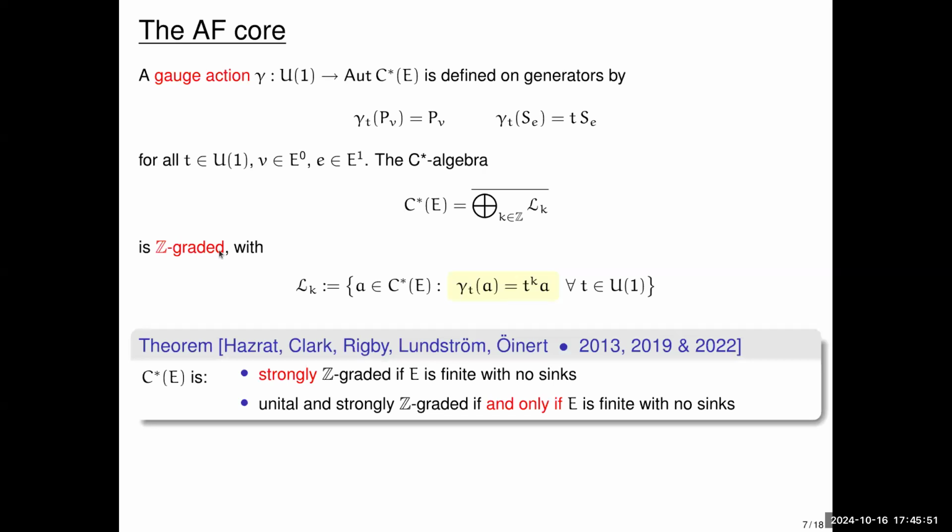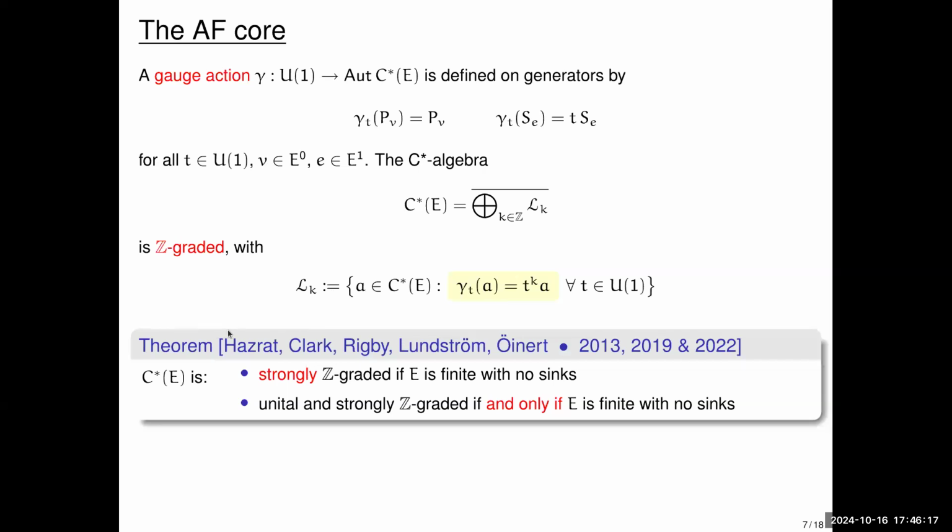Okay, there is a notion of a strong Z-grading for a graded algebra, which from our point of view is equivalent to saying that if you take the subalgebra of invariant elements under U(1), the inclusion is a Galois extension.